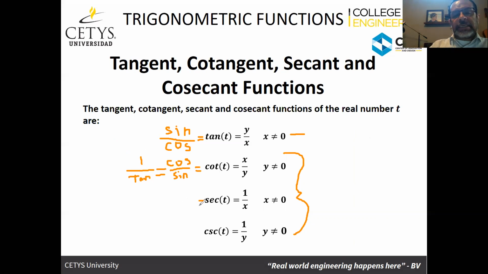The secant is going to be the reciprocal of the cosine, and the cosecant is going to be the reciprocal of the sine.